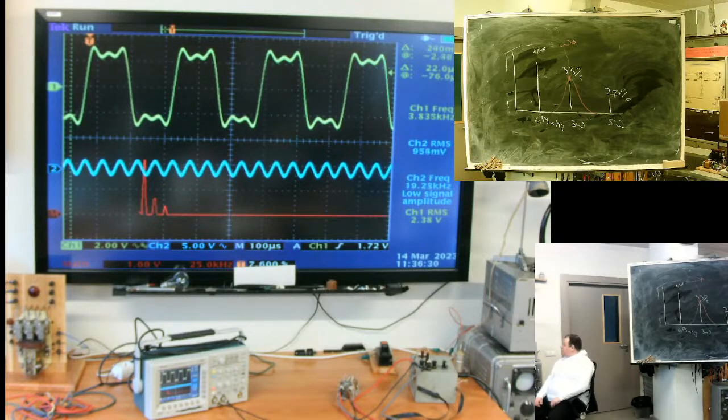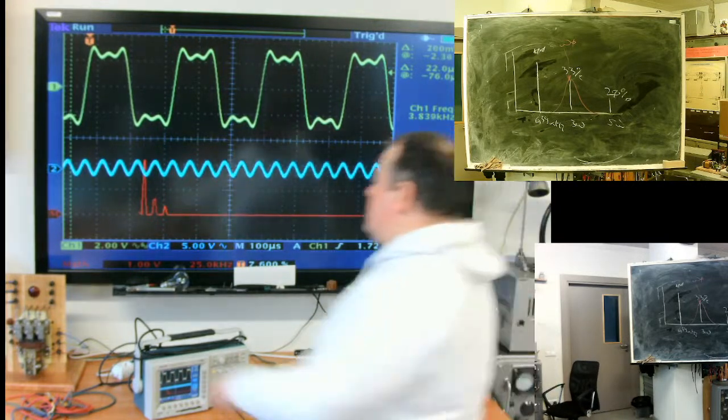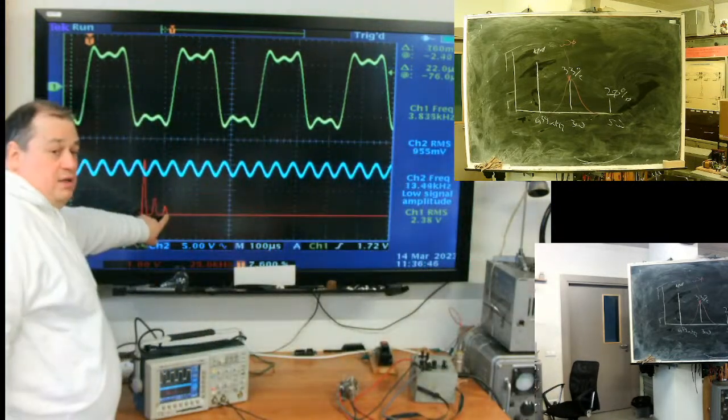Input rectangular at a frequency of 3.8 kilohertz and output harmonic. Actually, we see this line.